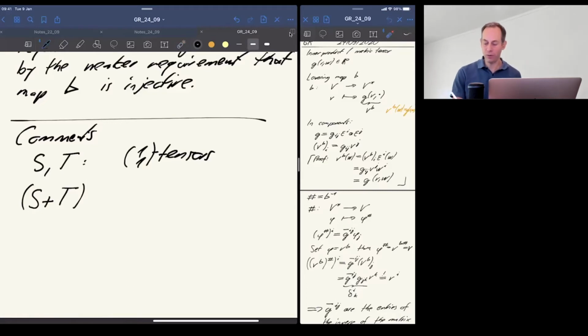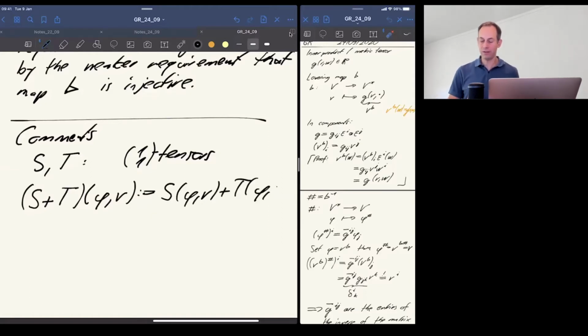Because it's a 1-1 tensor in this example, it takes as arguments a covector phi and a vector v. Now if I tell you what this gives, then I have fully defined the tensor S plus T. So here the definition is just S fed with these arguments plus T fed with these very same arguments. That defines S plus T as a tensor.